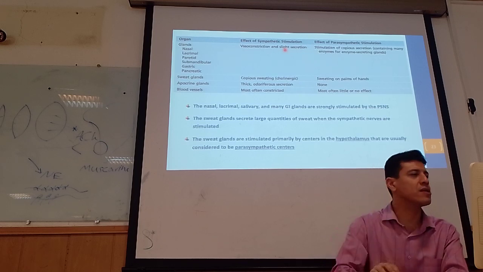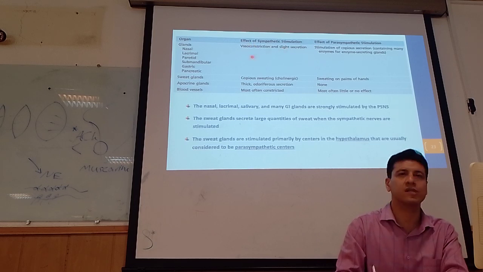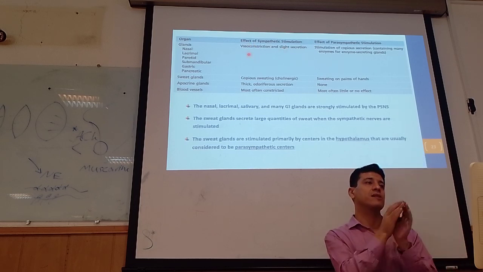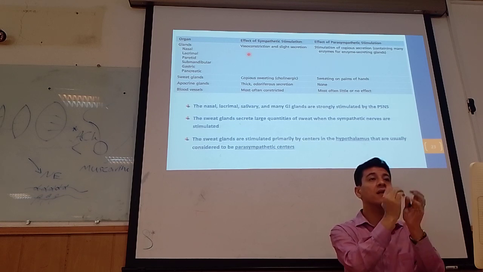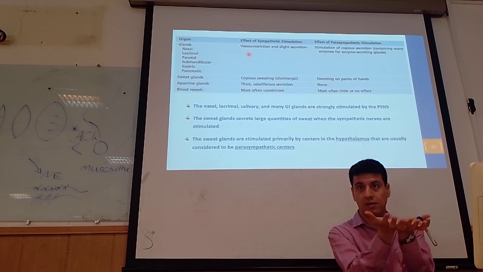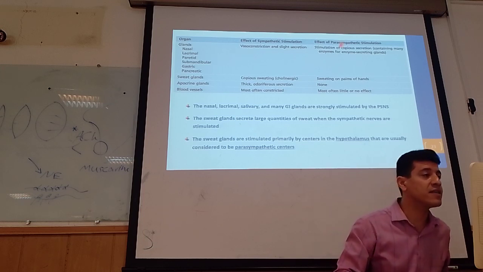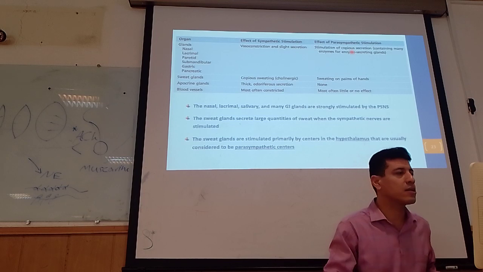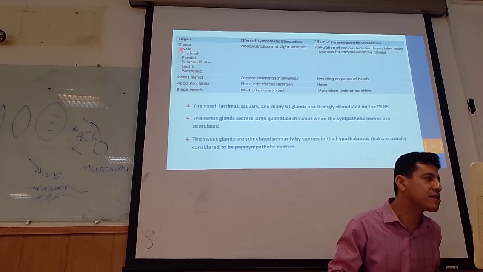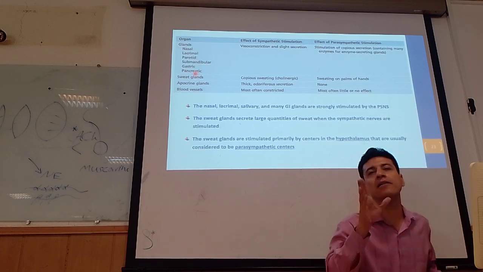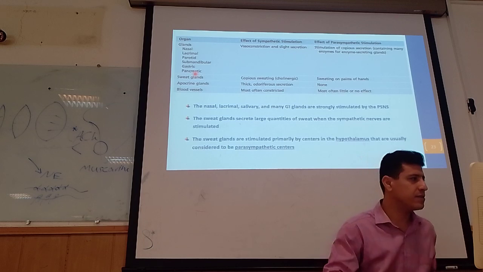And the secretion is usually accompanied by vasoconstriction. So sympathetic nervous system causes vasoconstriction in these glands. The result is less secretion. Right? But parasympathetic innervation stimulates a lot of secretion from these glands. So the stimulation of parasympathetic nervous system on all of these glands is plenty of secretions, right?